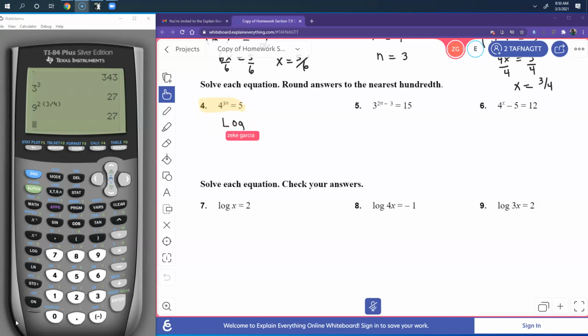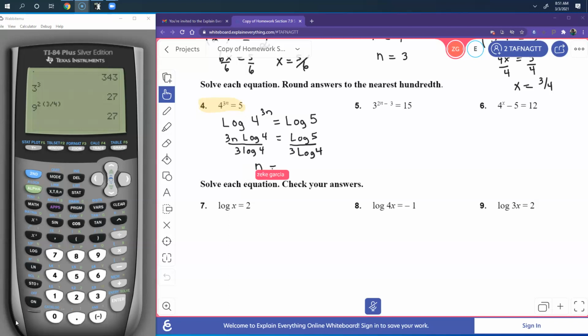So you say the log of 4 to the 3n is equal to the log of 5. Bring the 3n to the front, so you have 3n times the log of 4 is equal to the log of 5. Divide by 3 log of 4.